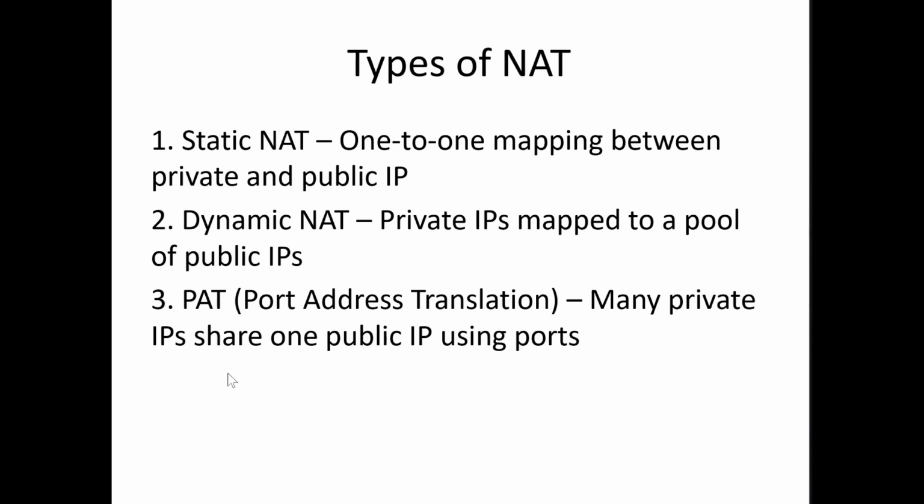So when your laptop and your phone both want to access Google, they appear to come from the same public IP, but NAT distinguishes them using the ports. Different ports are used to keep track of the private IP addresses, but they all show the same public IP address.